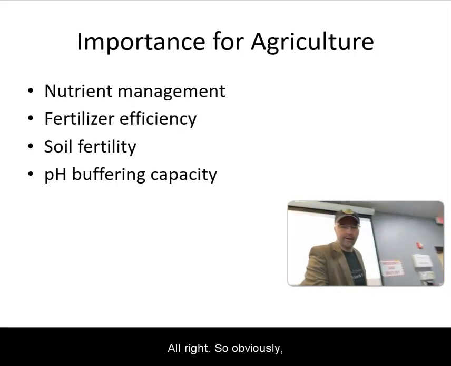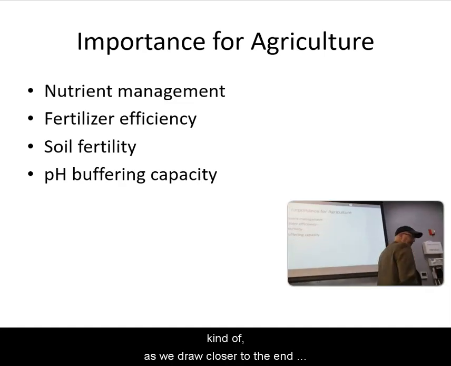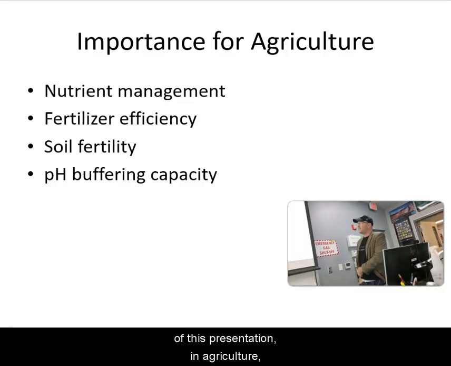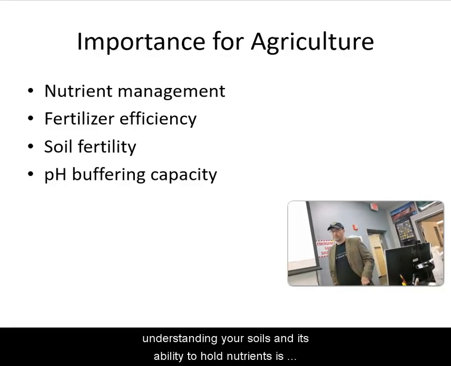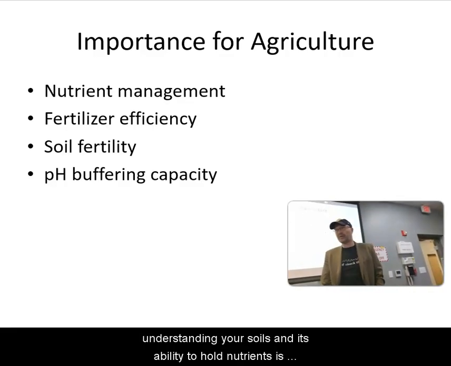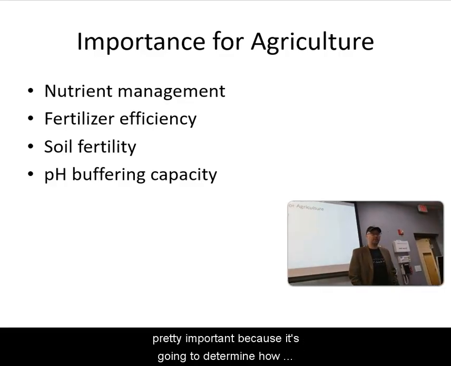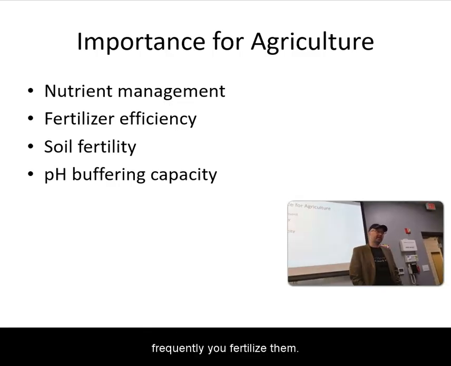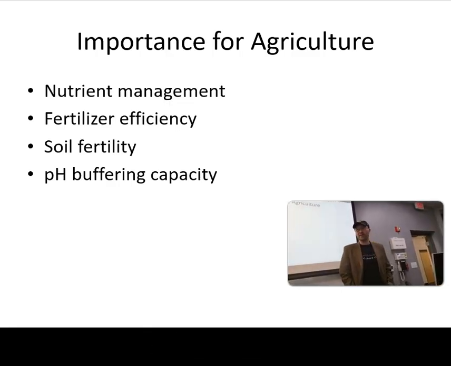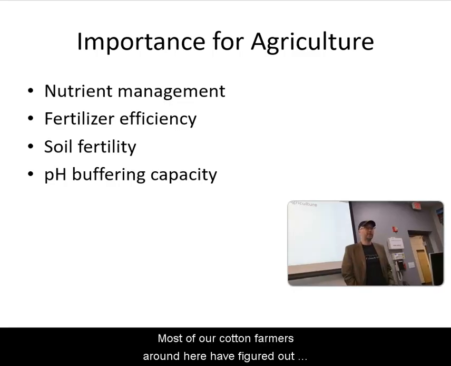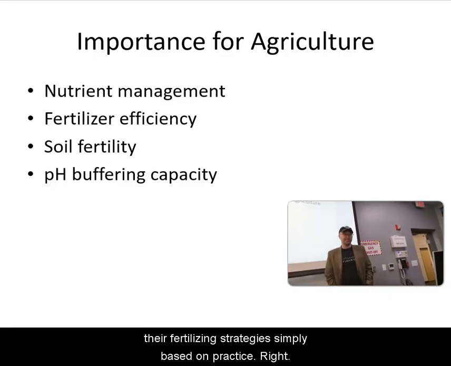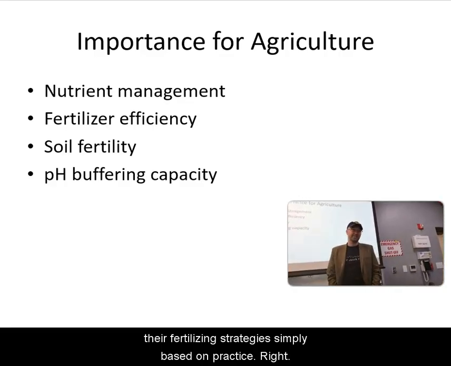All right, so obviously, as we draw closer to the end of this presentation, in agriculture, understanding your soils and their ability to hold nutrients is pretty important because it's going to determine how frequently you fertilize them. Most of our cotton farmers around here have figured out their fertilizing strategies simply based on practice, right?